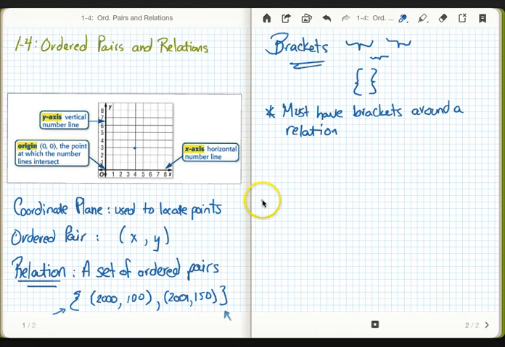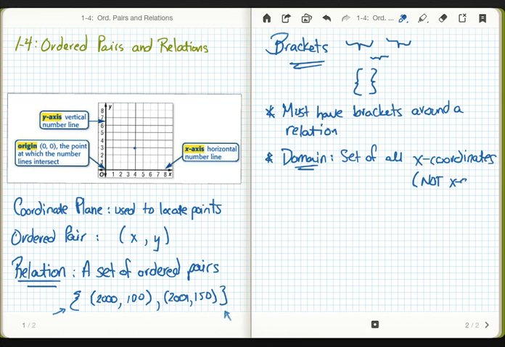In looking at the relation that I have listed to the left, we can identify its domain. Do you remember what a domain is? It's the set of all x coordinates. It is not the x-axis, so make sure that you get that down. I'm not talking about the x-axis here. The x-axis has an infinite number of numbers on it because it's a number line that goes on forever.